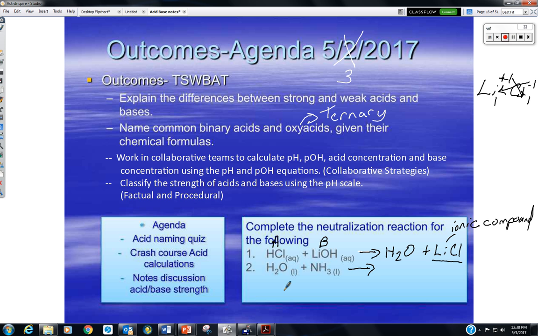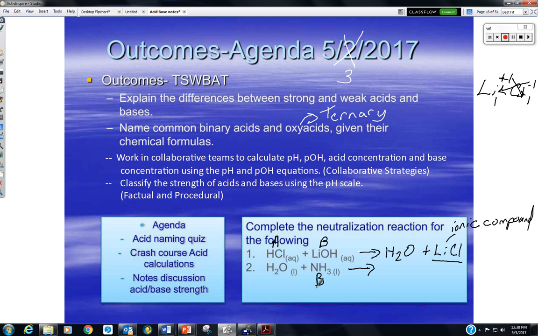Second one. This one is not as obvious, and it's not technically a neutralization reaction, but we have water plus ammonia reacting together, and one's going to be a base, one's going to be an acid. And remember that water can act as an acid or a base.